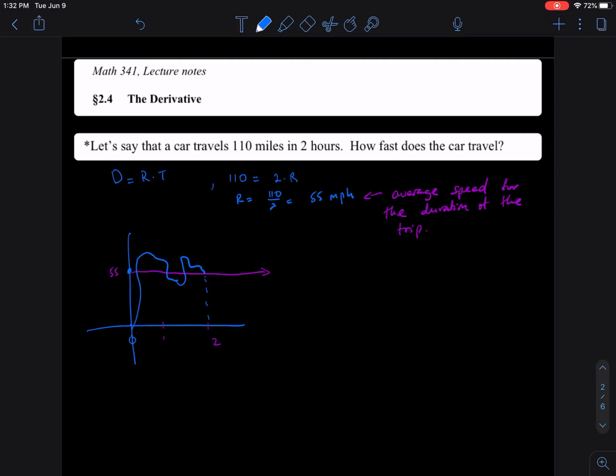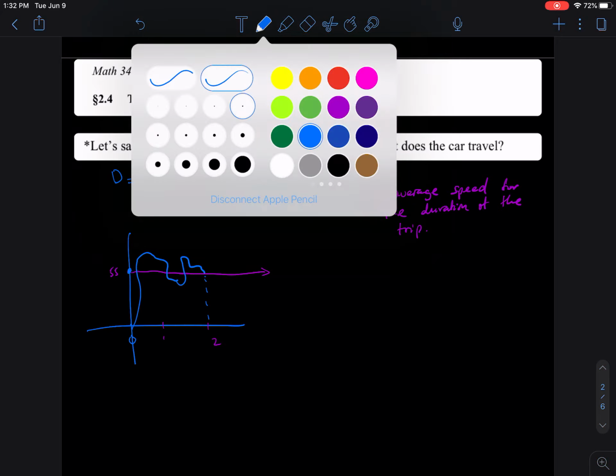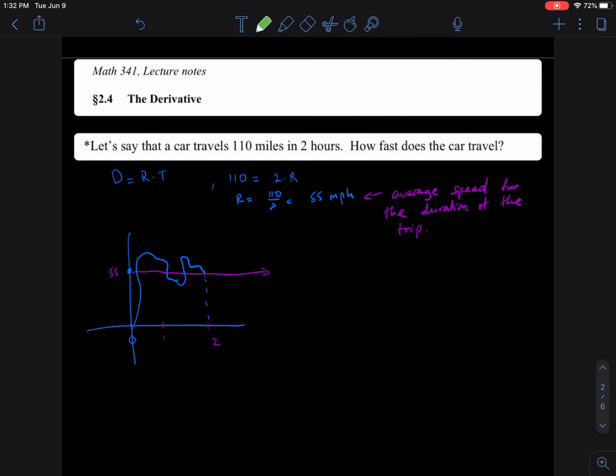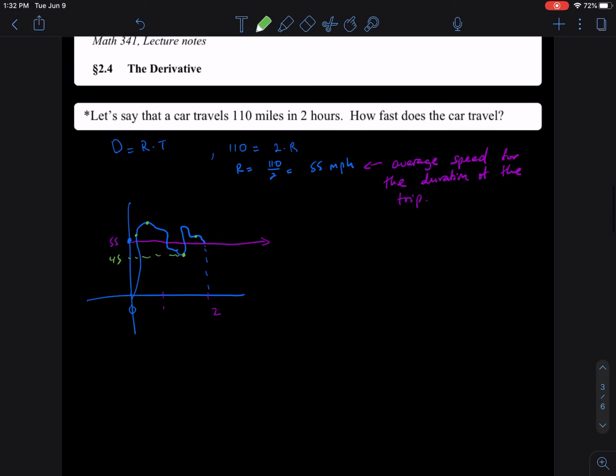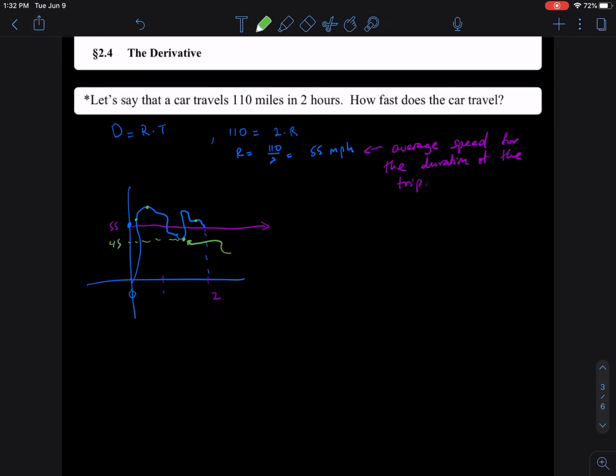That's where the derivative is going to come in. Let's say during this 2 hour trip you look at your speedometer, and it might measure 45 or something, or maybe it's different at another moment. At this moment, that is the instantaneous speed, and the derivative is going to measure that. That's where we're heading.